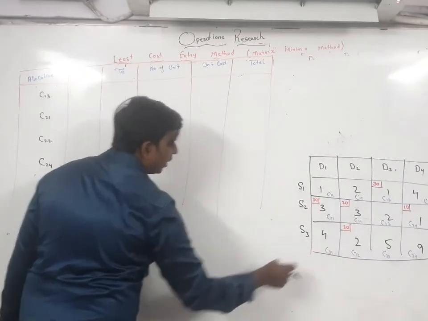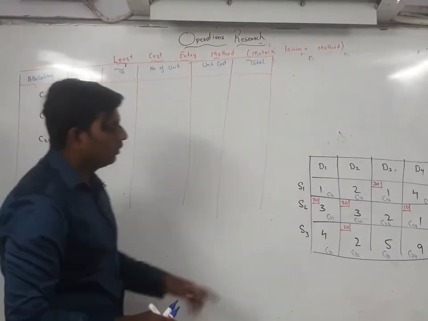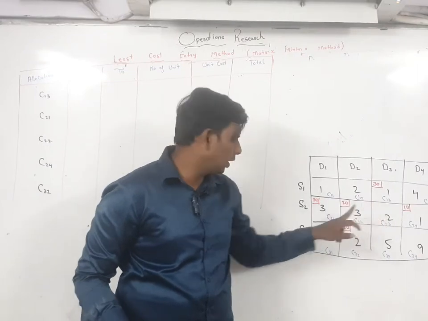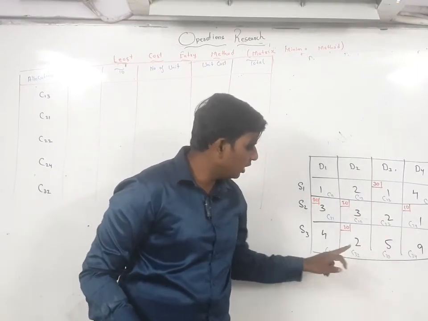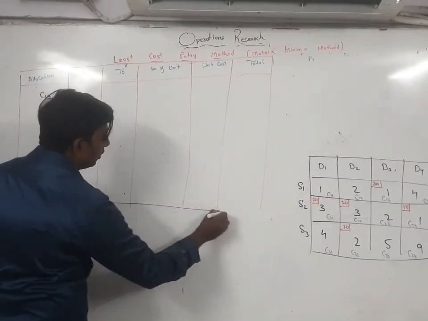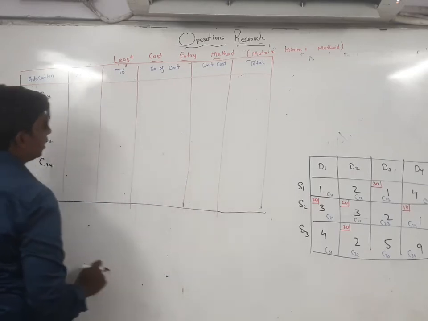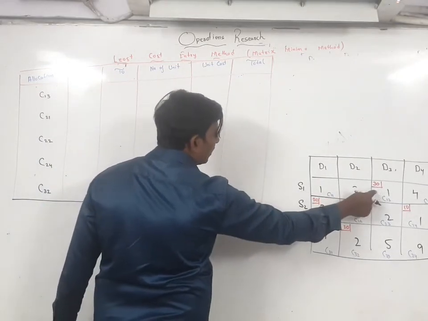Next allocation is C32. So the allocations are C13, C21, C22, C24, C32. Then from. In S1, as you can see, how many allocations are there?